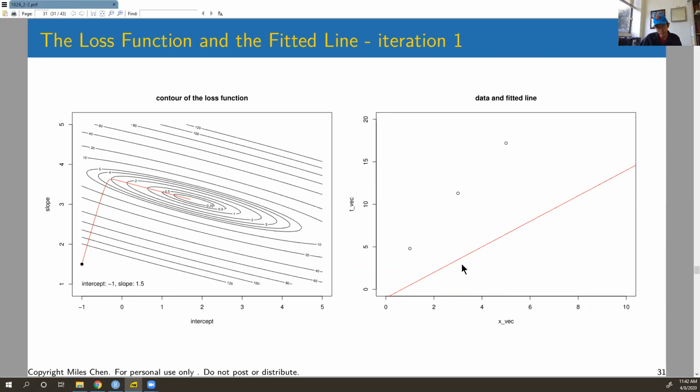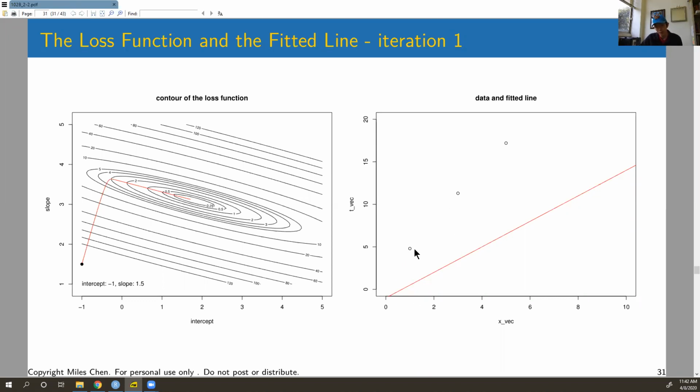The line given by this red line has an intercept of -1 and a slope of 1.5, and this is the data that I'm trying to fit. We can see that this red line does a terrible job of fitting the data. I've got 3 points, and I want to find the line that best fits them. So when we calculate the loss function, the sum of squared errors is huge.